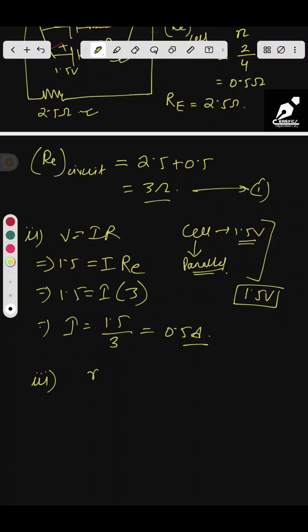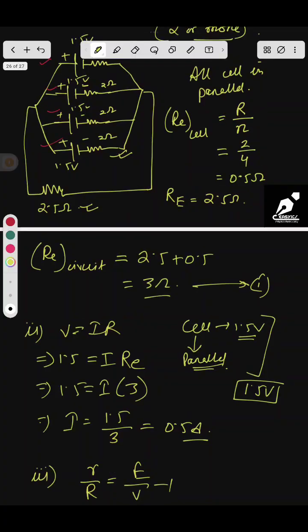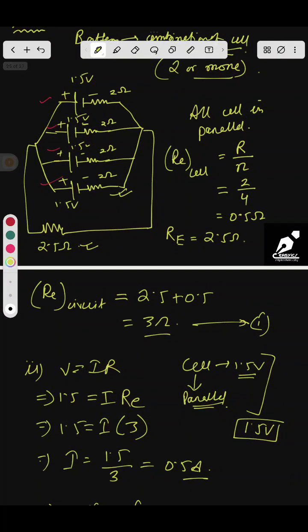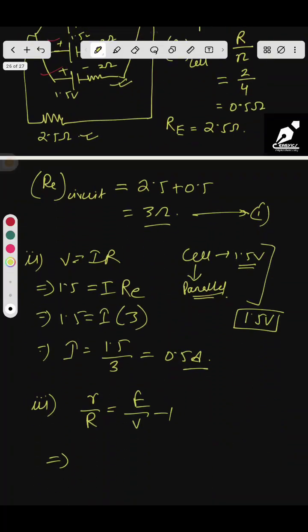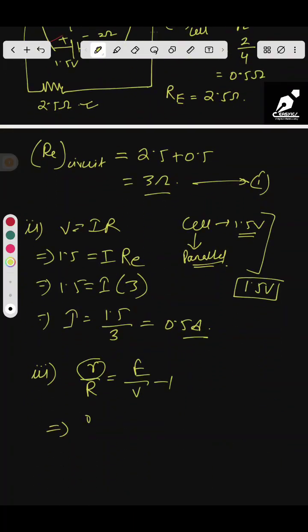Just now we told about a relation: r by R is equal to E by V minus 1. Here r is the internal resistance of only one battery. We will be writing r equivalent as the internal resistance, and capital R is the external resistance.